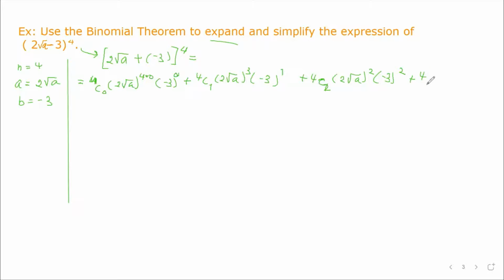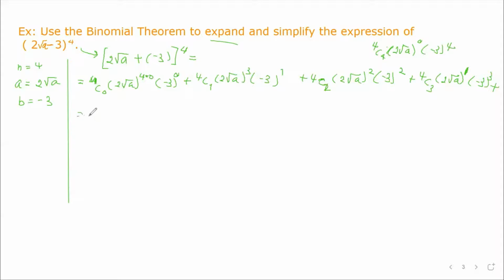So this is 4C3, (2√a) the whole thing power 1, and minus 3 power 3. And the last term becomes 4C4, then (2√a) power 0, and this one minus 3 power 4.